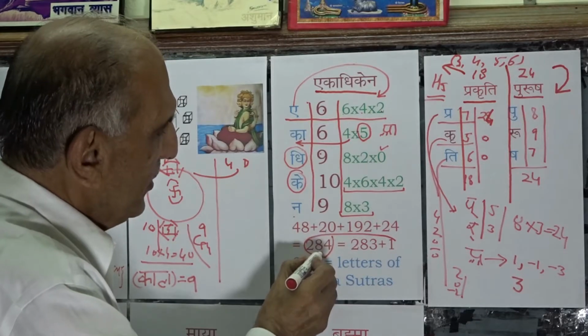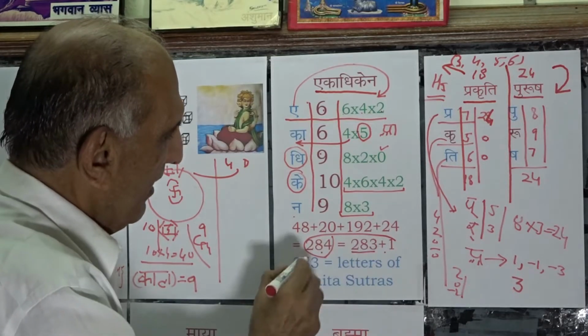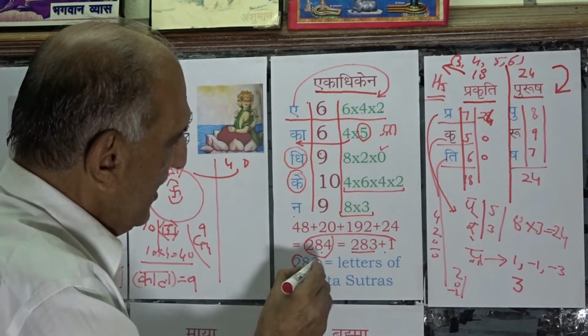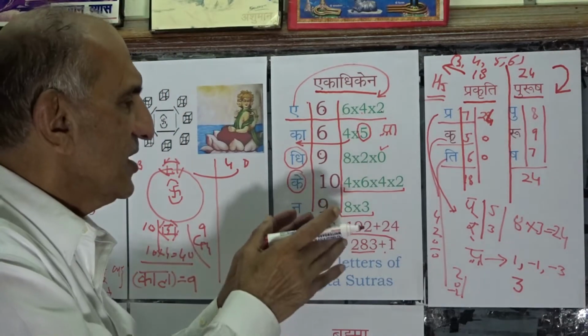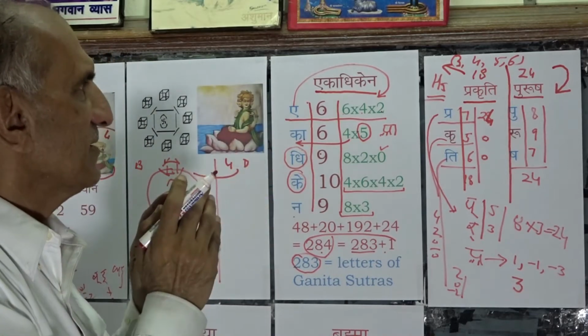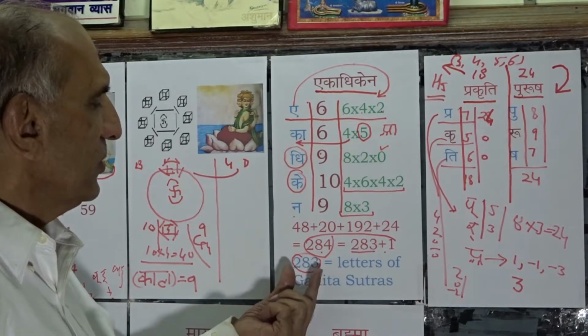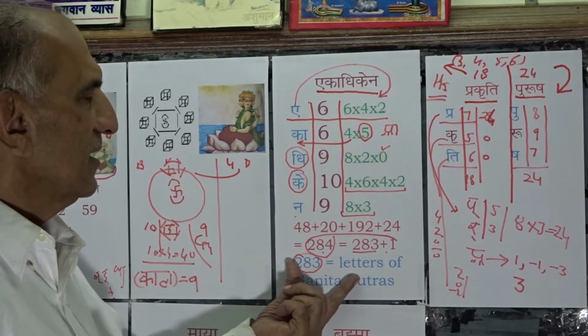We know 284 is 283 plus 1 and 283 are the letters of the Ganita Sutras. So the entire 16 Ganita Sutras text is available in all 283 letters.